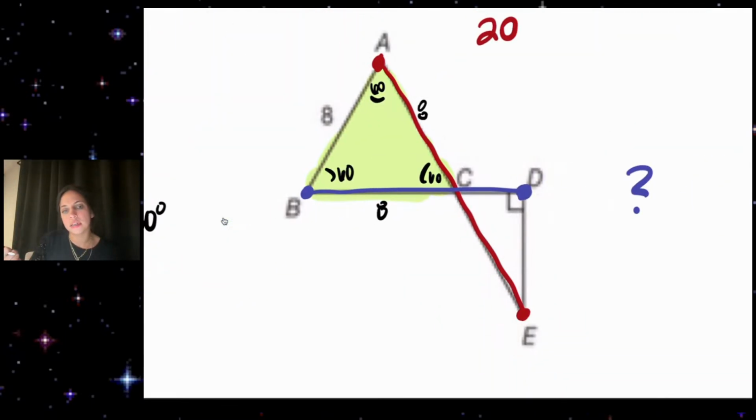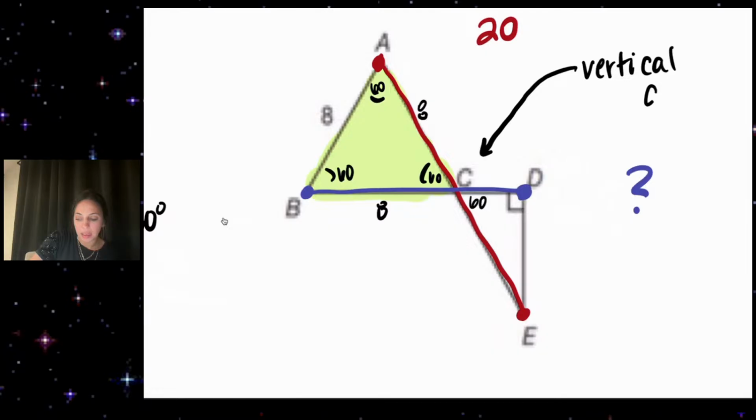But that also tells me something else, that this is also 60, because vertical angles are angles that are across from each other when I have two intersecting lines, and they're equal to each other.